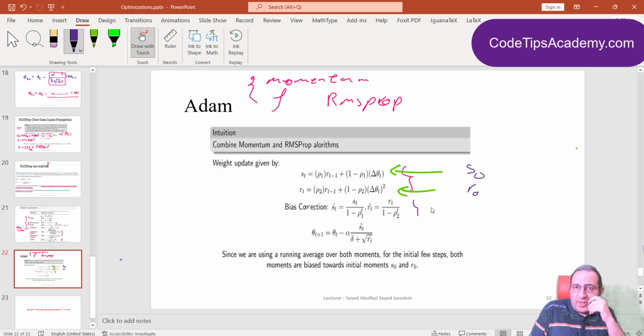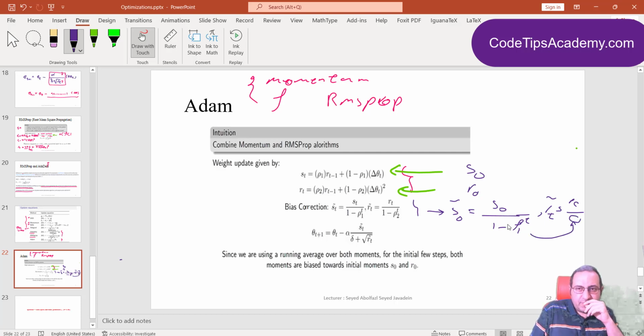At the first steps, S0 tilde is S0 divided by 1 minus alpha, and Rt tilde is Rt divided by this again.